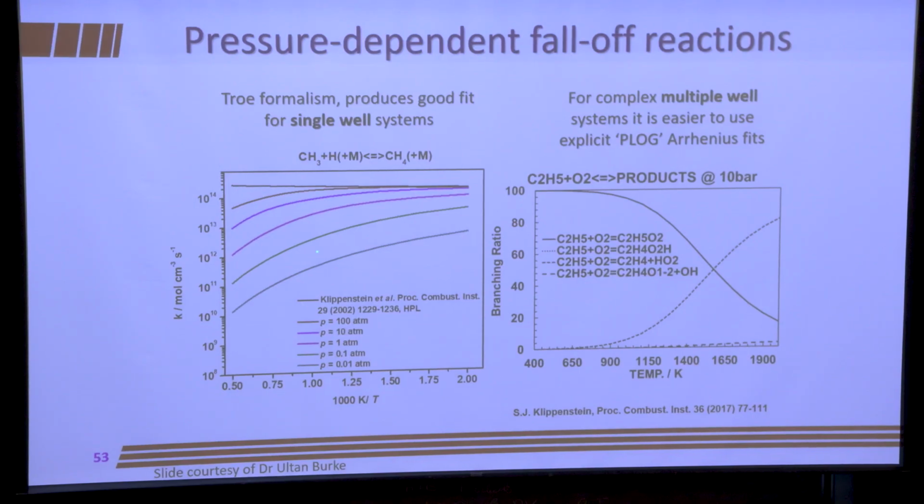We have 0.1 atmosphere here and 1 atmosphere here. We can get 1/2 an atmosphere halfway in between, and we can get it quite accurately using the P-log format.